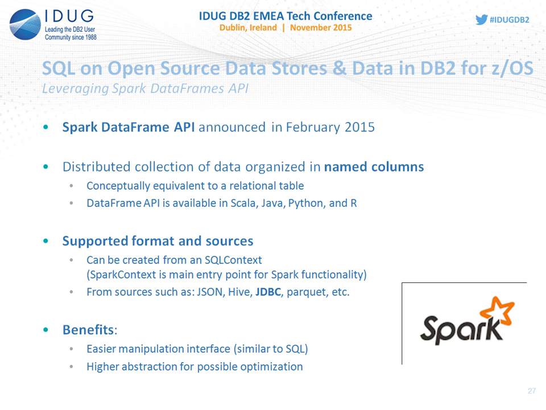Supported formats and sources are many. It's not only JDBC, but also Hive, JSON formats. Right? JSON is also something that we support in Db2 for z/OS. And the benefits, of course, an easier manipulation interface, similar to SQL, higher abstraction, right? You can basically apply SQL. Of course, not the same power. We need to be a little cautious.